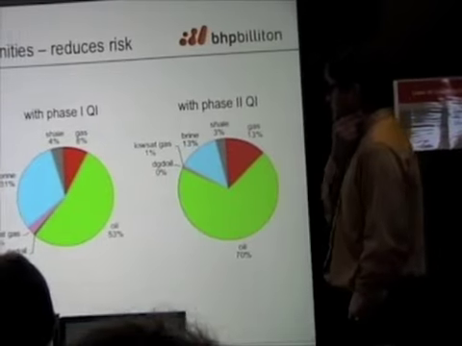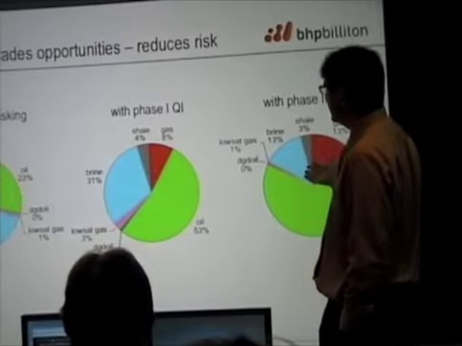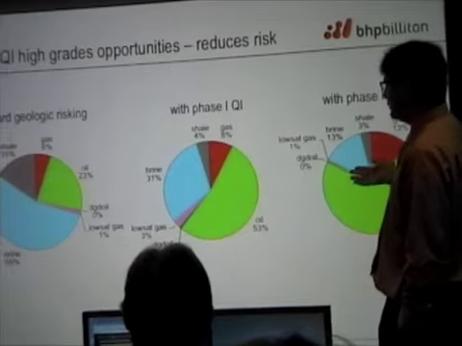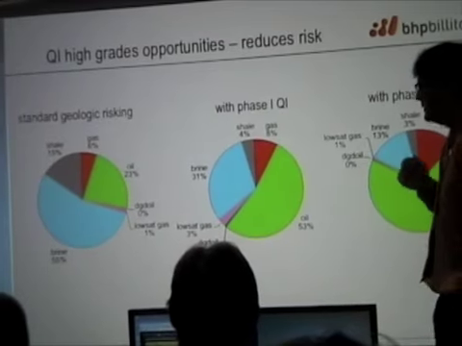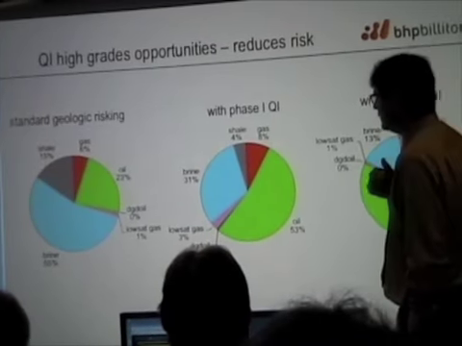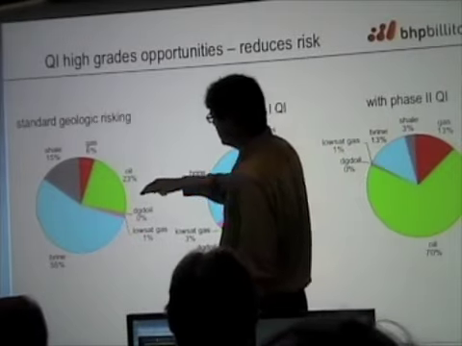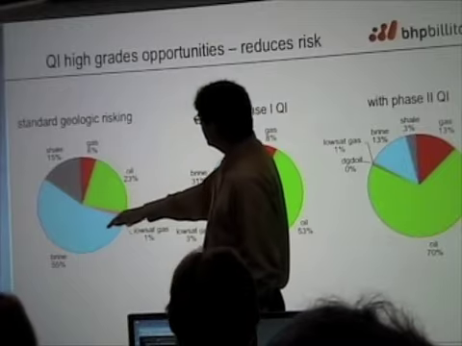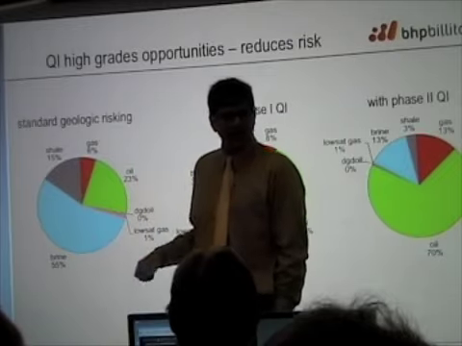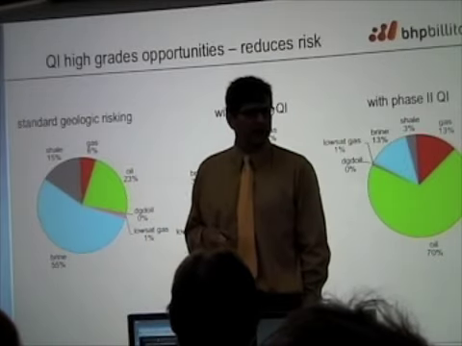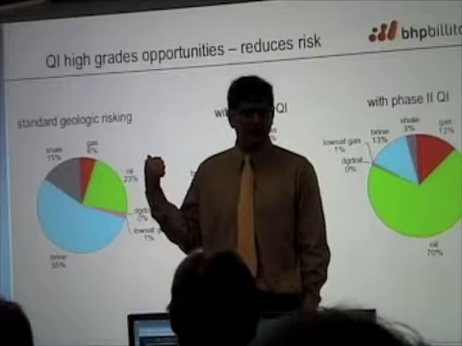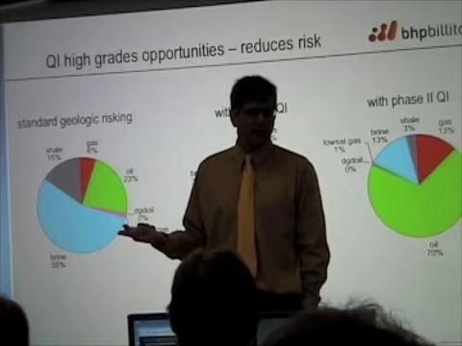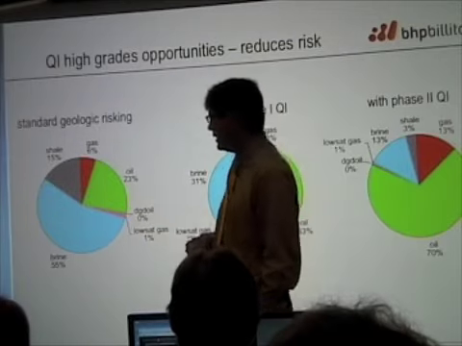But first of all, let's talk about what we mean in terms of estimating and reducing risk, okay? We start off many times with the standard geologic risking, and we'll put that in terms of reservoir probability, the probability of charge, source, migration, timing.